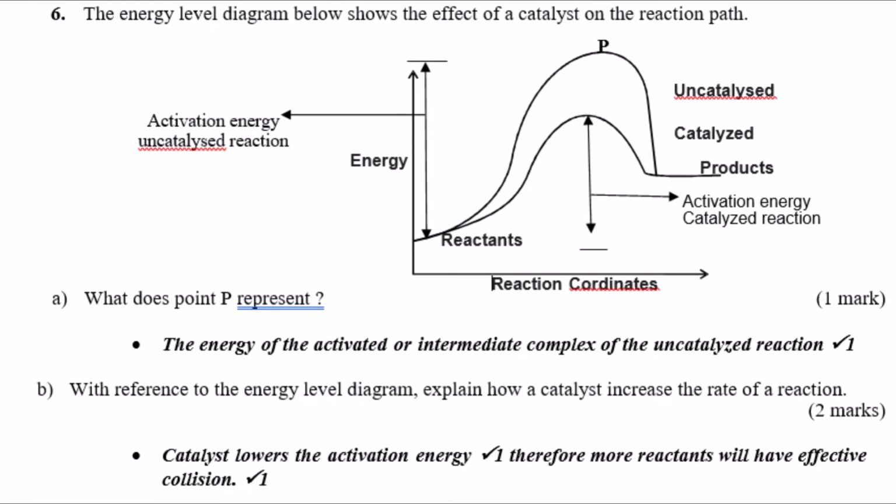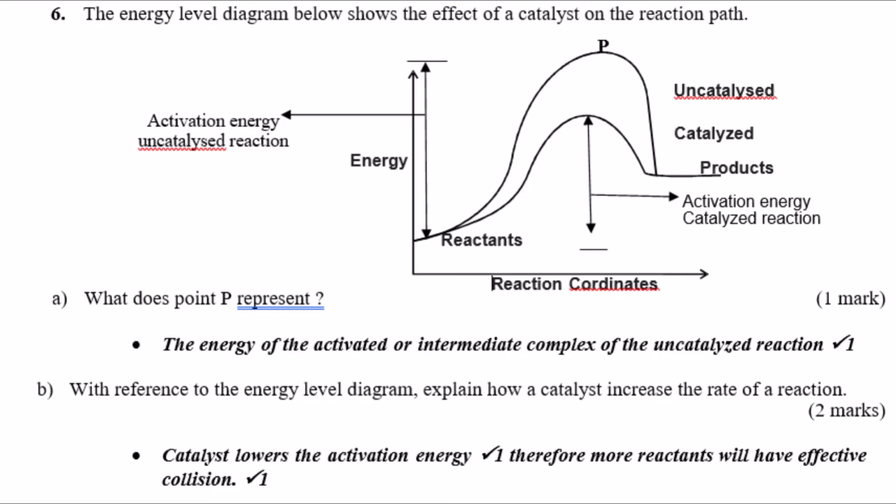Question number 6, the part C, the hump you see there, it represents the activated complex, or what you call the intermediate complex, for the uncatalyzed reaction. Then we have part B of the same. You're asked to state how a catalyst increases the rate of reaction.